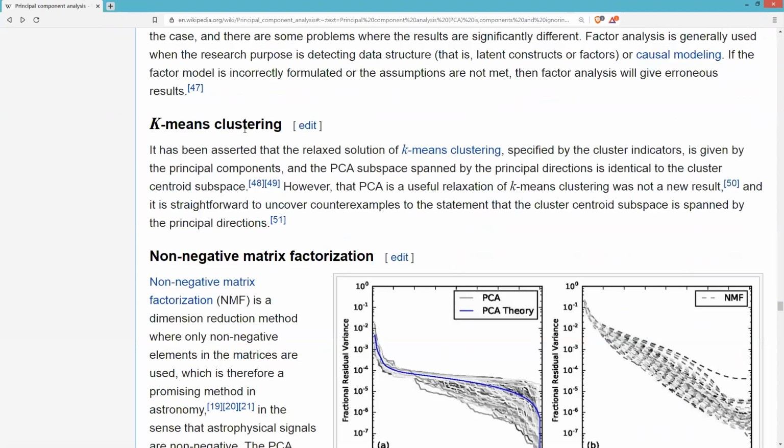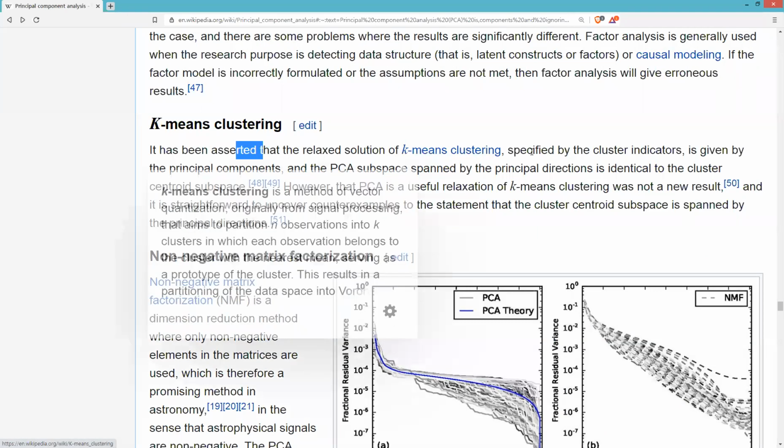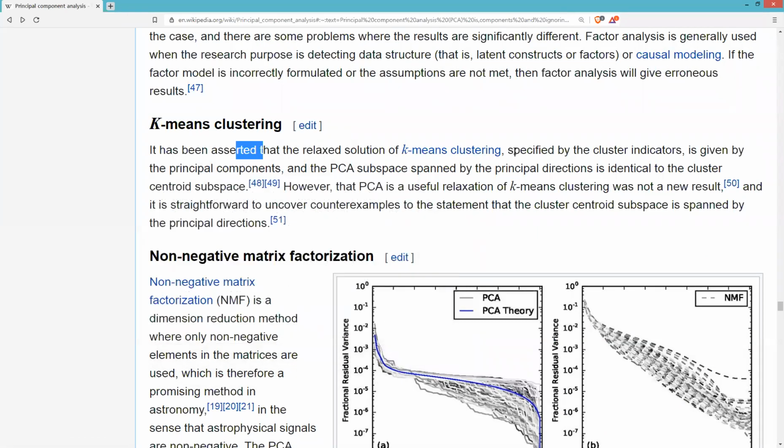K-means clustering. We already learned K-means clustering, right? So with K-means clustering, you select the variable and then you can use a principal component. It has been asserted that the relaxed solution of K-means clustering, specifically the cluster indicator, is given by the principal component.